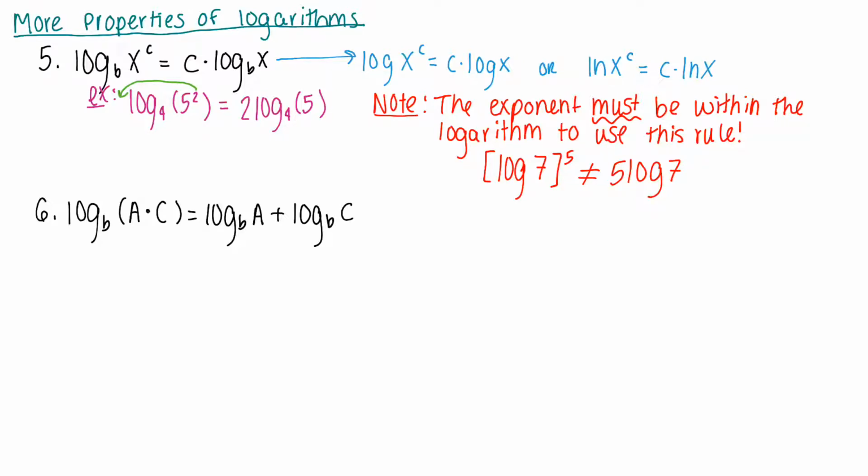So multiplication on the inside means you can separate the logs with addition on the outside. With the other bases, same idea: log of a times c is equal to log a plus log c, and ln of a times c is equal to ln a plus ln c.